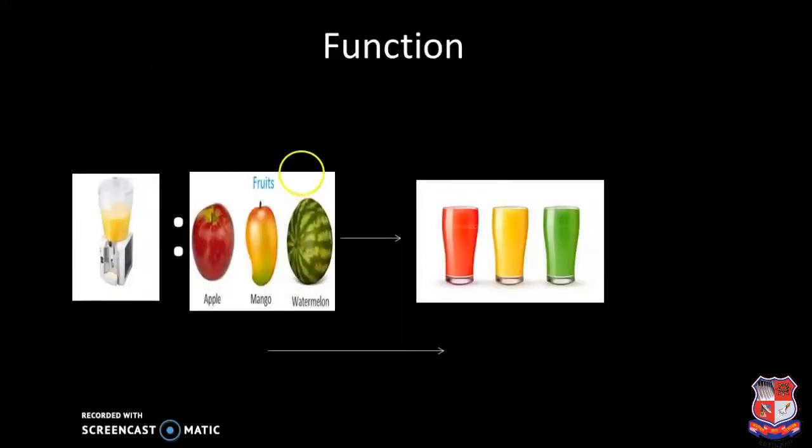Now to understand this concept and understand a function. A function is that which satisfies all the values of the domain. Here fruits is a domain and juicer is a function.